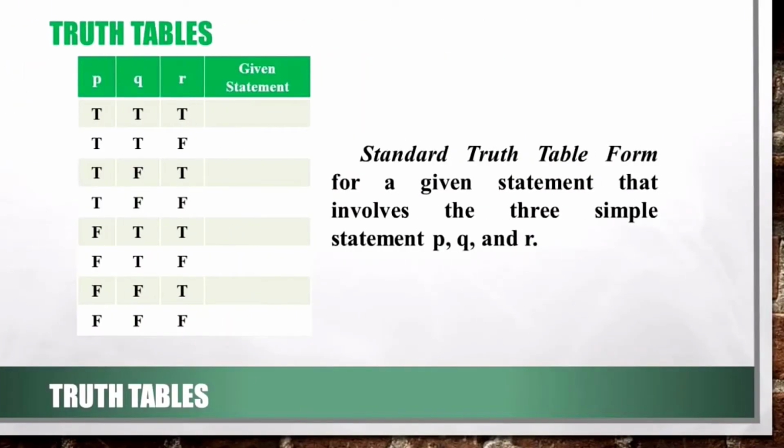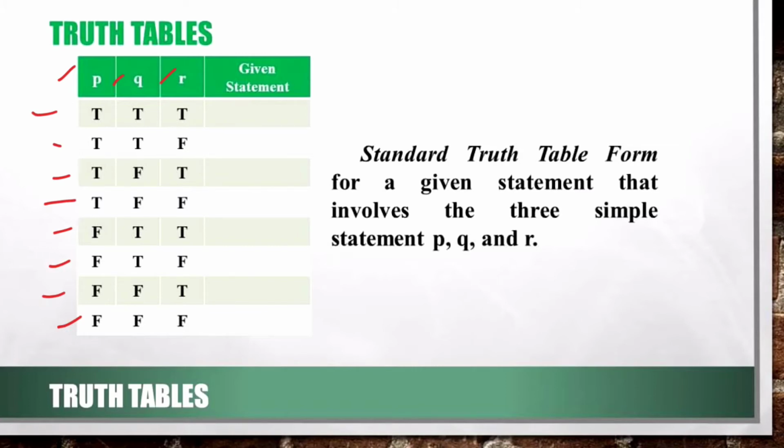If we have 3 variables or 3 statements, we have here 8 rows. Okay? Why 8? In these rows, these are the possible combinations of all the statements.